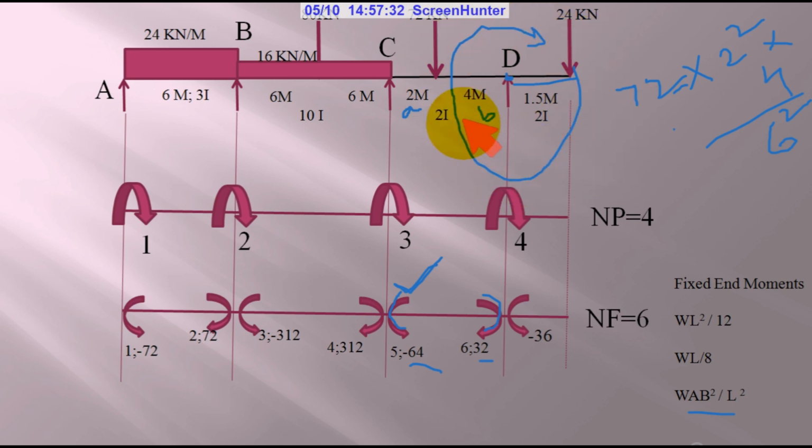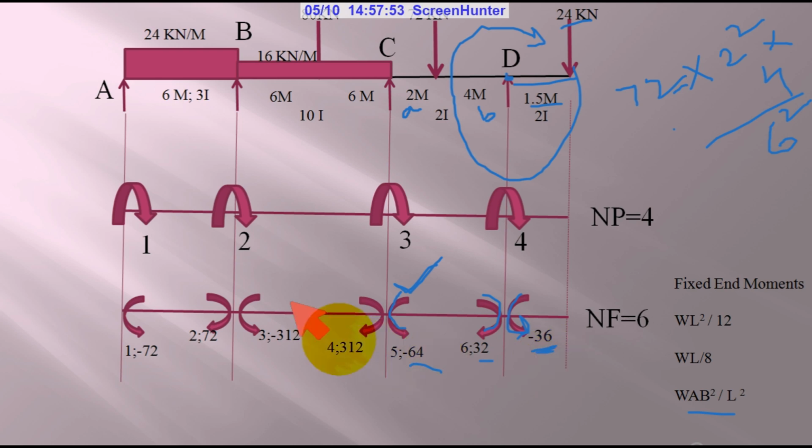This is giving clockwise moment. So clockwise moment 24 multiplied by 1.5, that is 36. So this is clockwise moment. So resisting moment will be anti-clockwise one, that is minus 36 kilonewton meter.